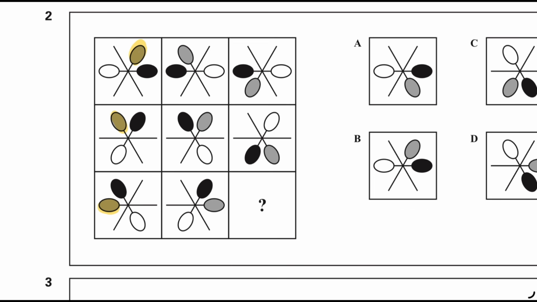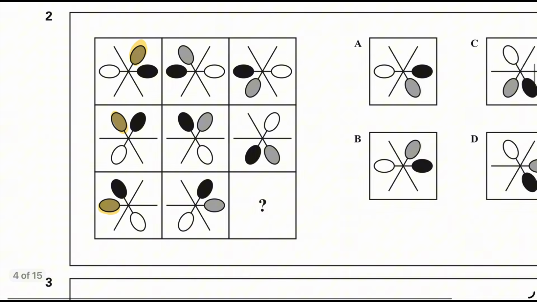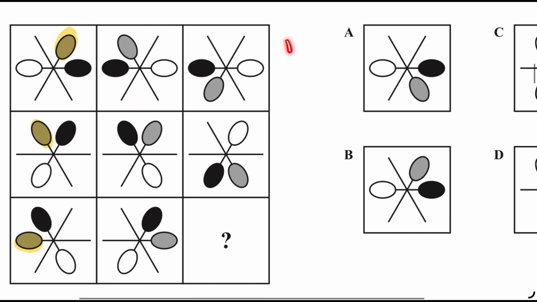And if you look at this middle column, you'd see this time it moves 1 clockwise, okay? So you're going to know that it's either going to move 1 anti-clockwise or 1 clockwise down the column.